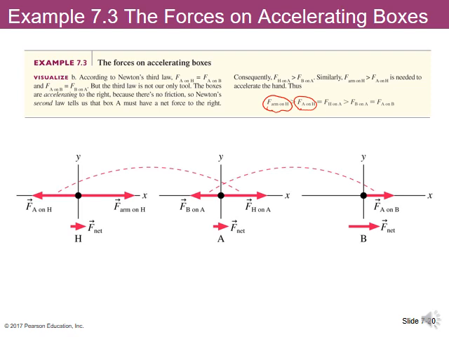Well, the force that A exerts on the hand then has to be equal to the force that the hand exerts back on A. That's Newton's third law. So those two things are paired together. That in turn must be bigger than the force that B exerts on A in order for the middle box, A, to accelerate. And then again, those two forces are paired because of Newton's third law. So the force that B exerts on A has to be equal to the force that A exerts on B.